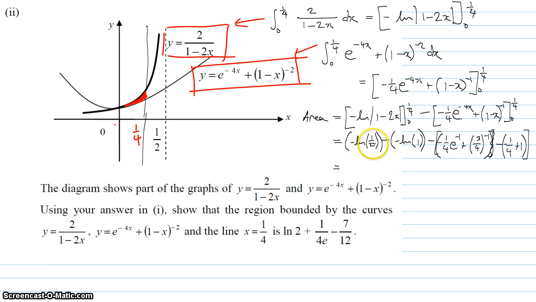We can just simplify all of this. Negative ln of a half is the same as ln of a half to the power of minus 1, which is the same as ln 2. Plus negative ln 1 is 0, so this is nothing. Okay, what about this one? So we get minus negative 1 over 4 e to the minus 1. So minus negative becomes plus 1 over 4, e to the minus 1 is 1 over e, so 1 over 4e.